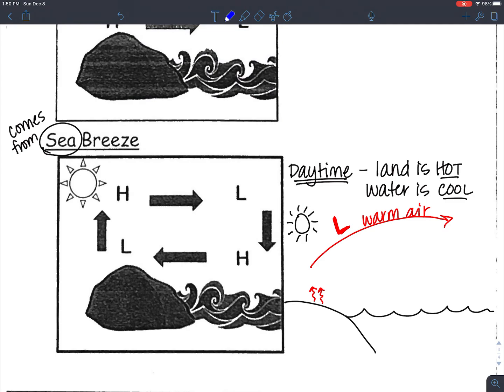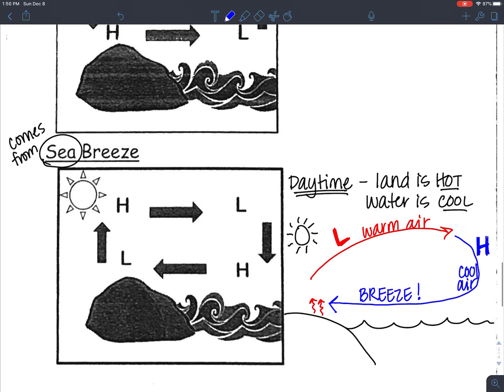Good, it's going to cool off and sink, and it's going to fill in that space of the rising hot air and create a breeze. So remember, this is our high pressure, this is cool air, and when that cool air sweeps in and replaces the warm air, that's where we see a breeze. This is what we call a sea breeze, where the breeze is coming from the sea. The land is hot and the water is cool.